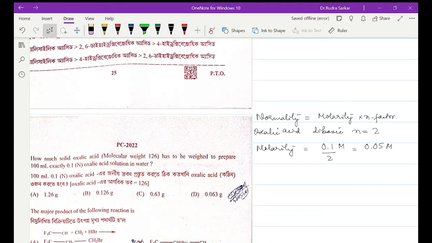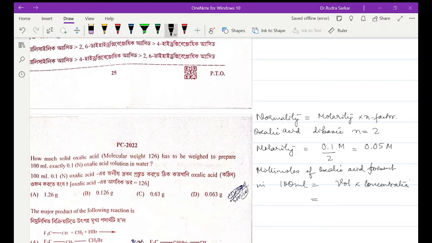Now what is the millimoles of oxalic acid present in 100 ml? We can simply do that by volume into concentration.